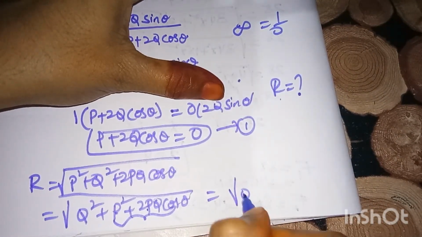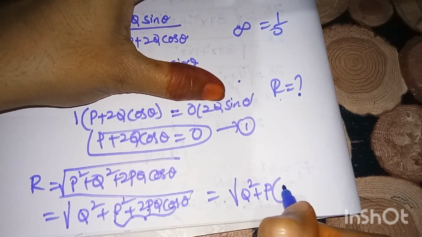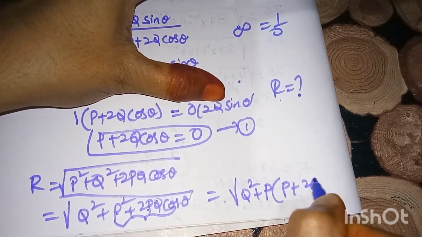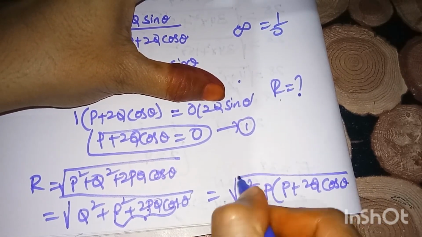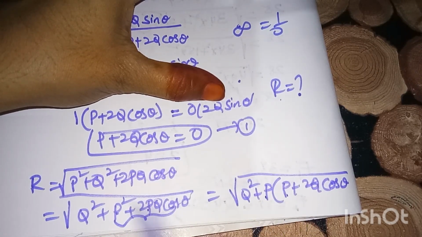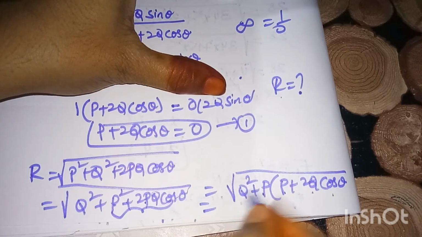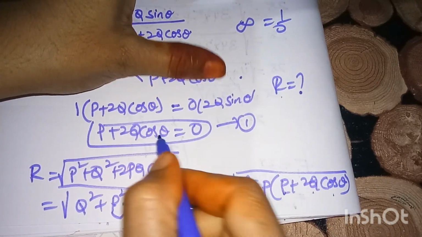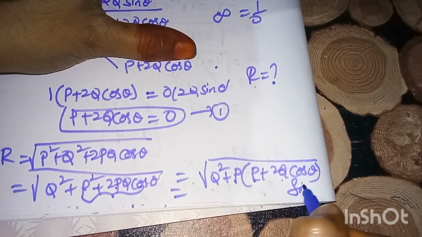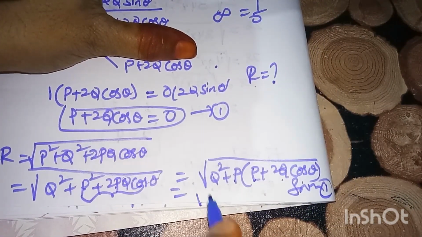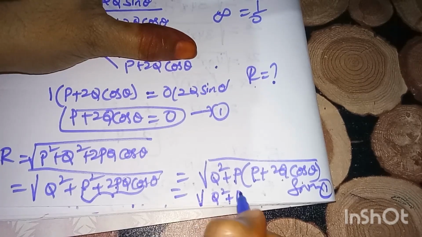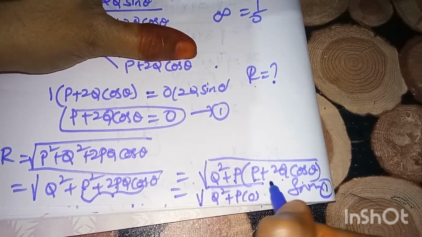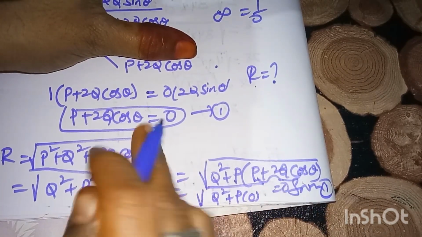So q square plus p common, that is p times p plus 2q cos theta: p with p is p square, p with 2q cos theta is 2pq cos theta. The value p plus 2q cos theta is 0 from equation 1, so under root q square plus p into 0, this value is 0.